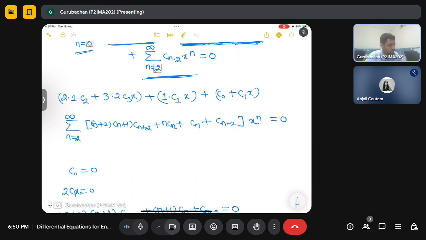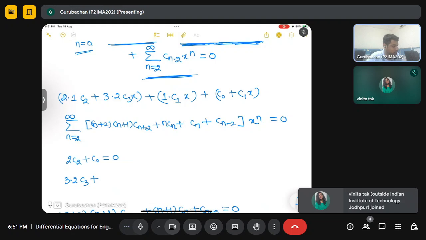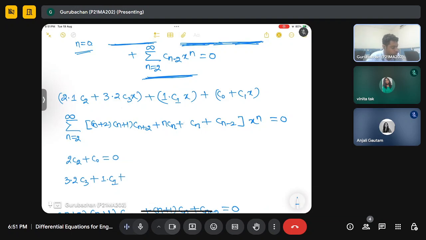So from here, when you compare the coefficient of x to the power 0, this will give you 2 times c2 plus c naught equal to 0. And the other expression, in terms of x, is 3 into 2 c3, plus the next one is 1 into c1, plus again one more c1 is there, so we may directly multiply 2 into c1, equal to 0.